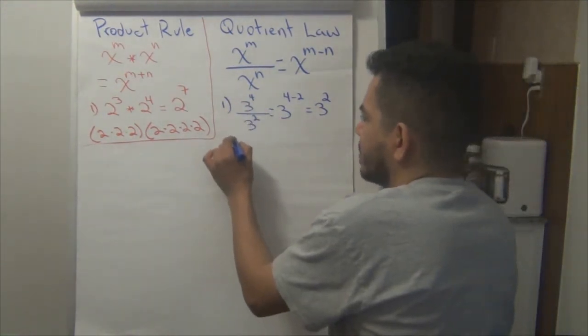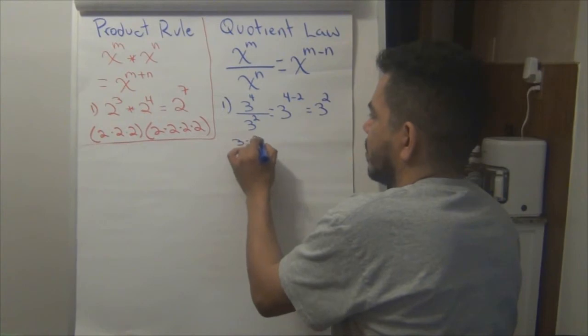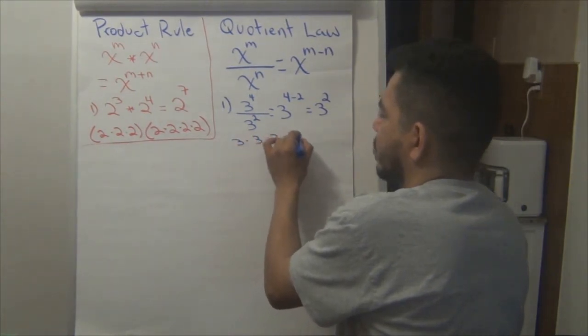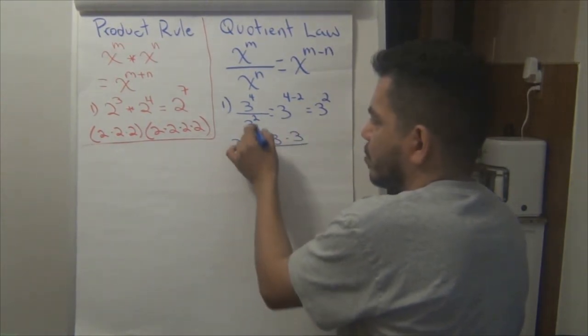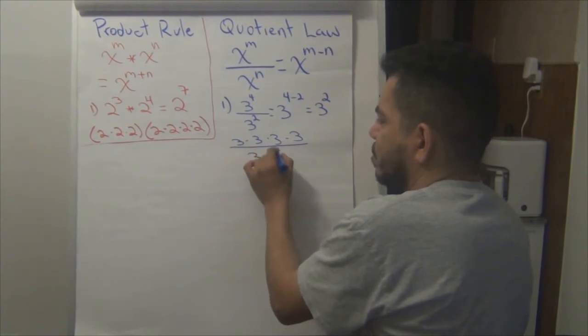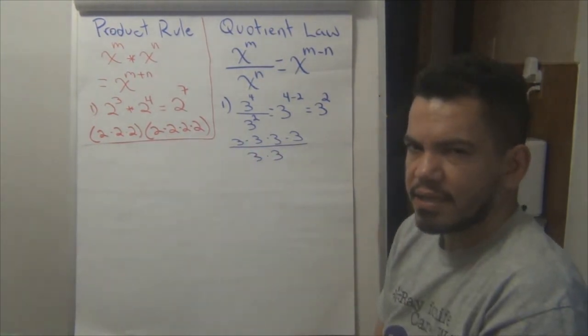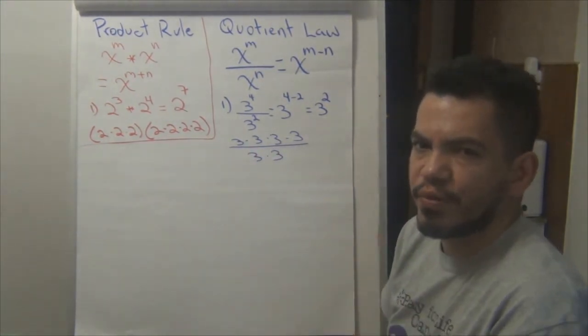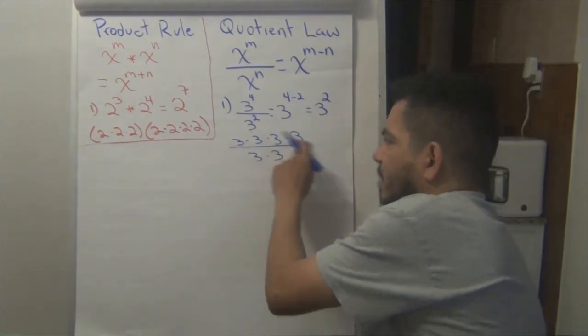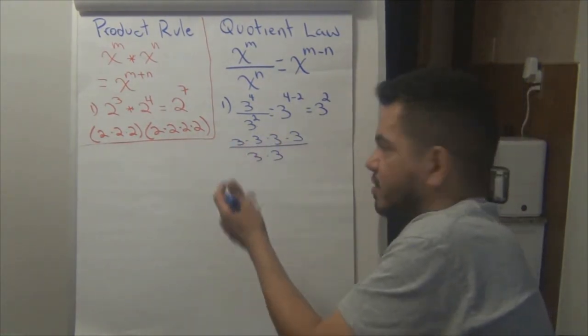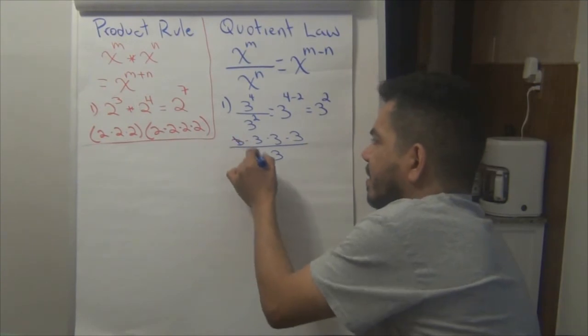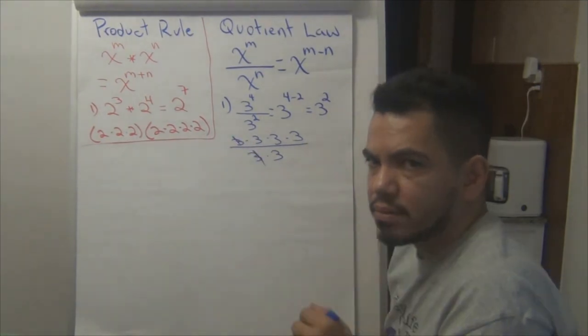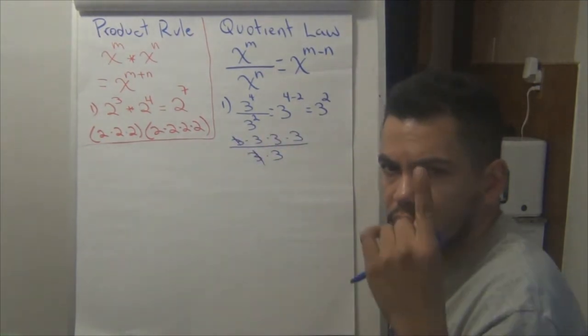3 to the fourth is 3 times 3 times 3 times 3 over 3 to the second power, which is 3 times 3. See that? Expanding is always a good way to prove things. So let's see now. This is division. A fraction means division. So 3 divided by 3 is 1, because a number divided by itself is 1.